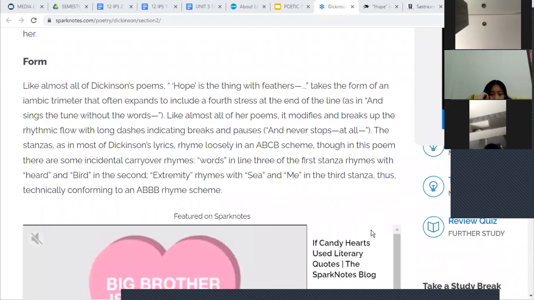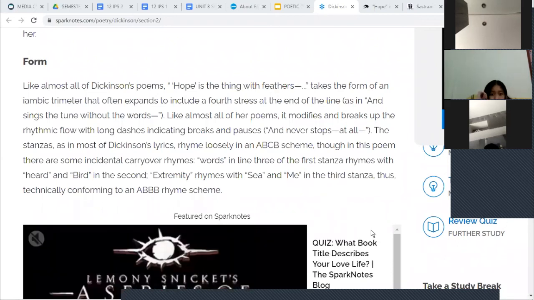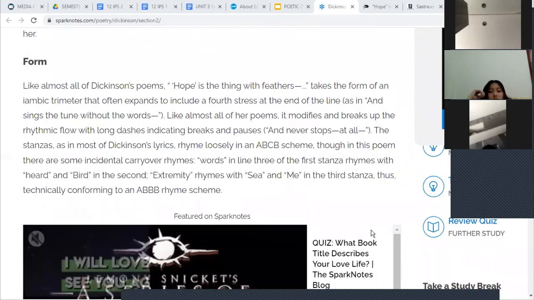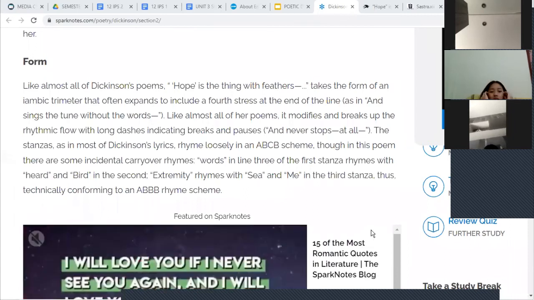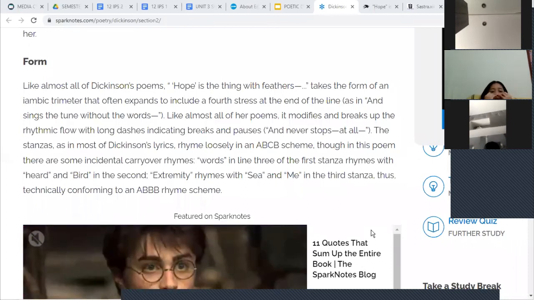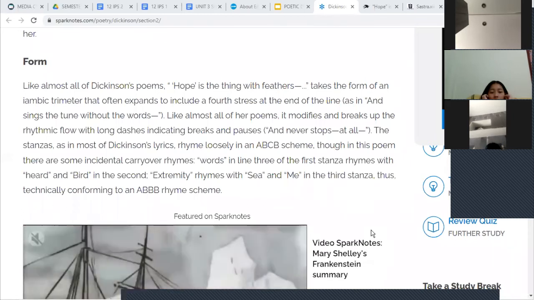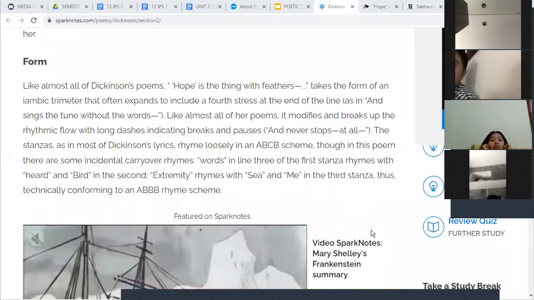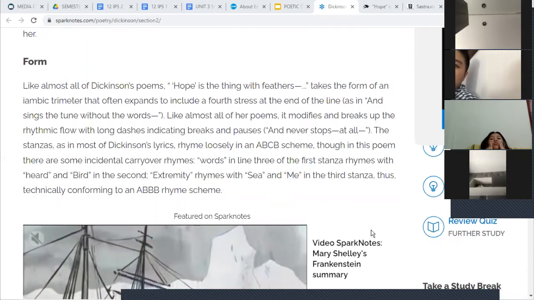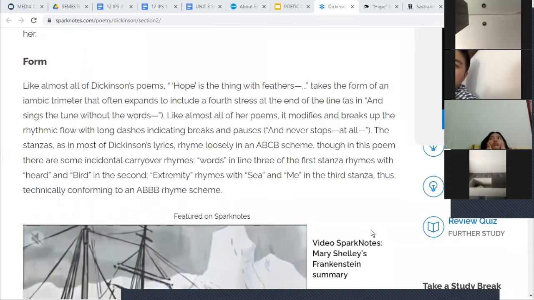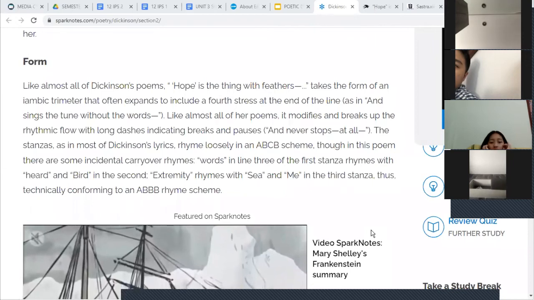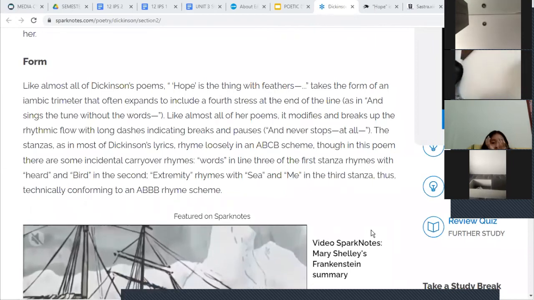Like almost all of the poems, it modifies and breaks up the rhythmic flow with long dashes indicating breaks and pauses, and never stops at all. The stanzas, as in most of Dickinson's lyrics, rhyme loosely in an ABCB scheme, though in this poem there are some incidental carryover rhymes. Word in line 3 of the first stanza rhymes with heard and bird in the second. Extremity rhymes with sea and me in the third stanza, thus technically conforming to an ABBB rhyme scheme.